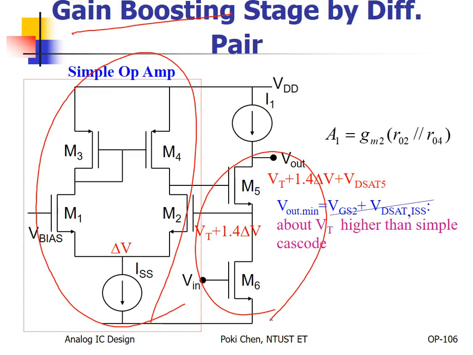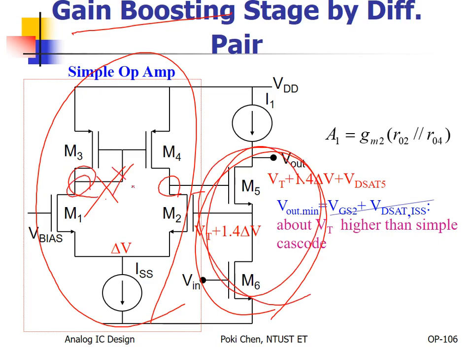So, usually for such kind of differential amplifier, we would like to make it fully differential. I mean, one output for left quarter, the other output for right quarter or right half.